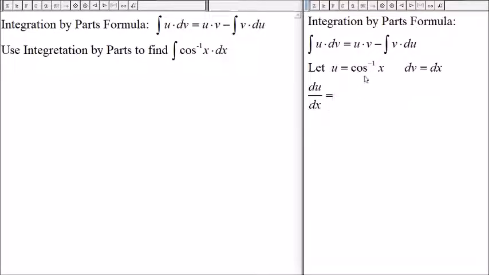Recall that the derivative for inverse cosine is -1 divided by the square root of 1 minus x squared. So we have du equal to -1 over the square root of 1 minus x squared dx. And then we have dv equal to dx.